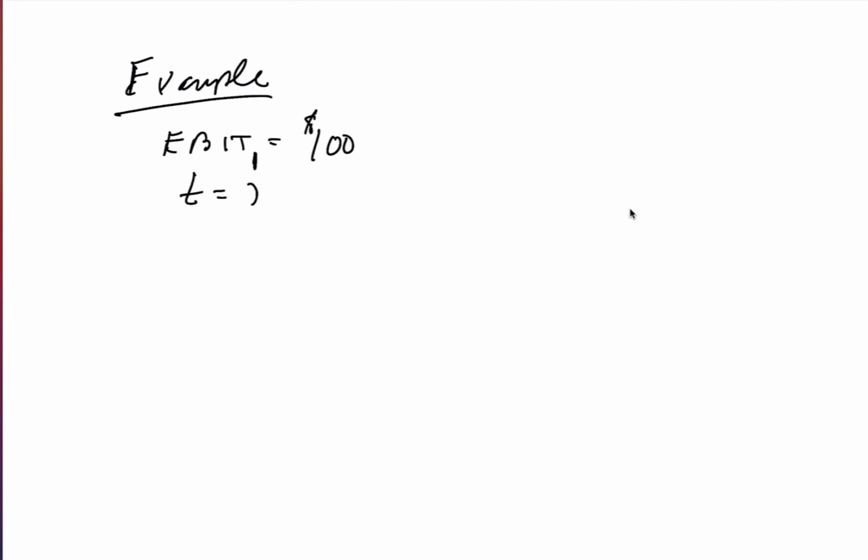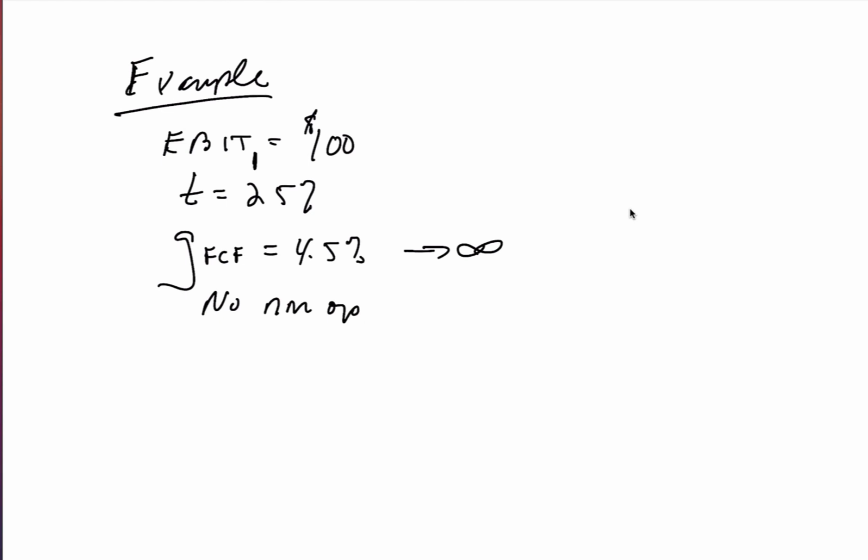So let's work an example. There's a lot of data to present in these types of examples. First off, we have EBIT in period 1, not 0, of $100. We'll assume the tax rate is 25%. The growth rate of free cash flow to infinity will be 4.5%, and it'll be constant. There are no non-operating assets, which makes it simple.